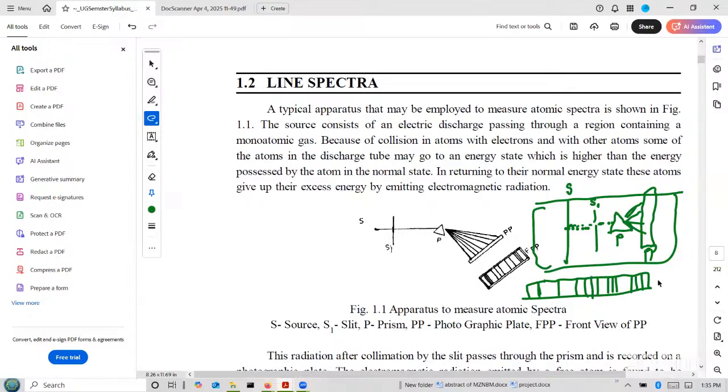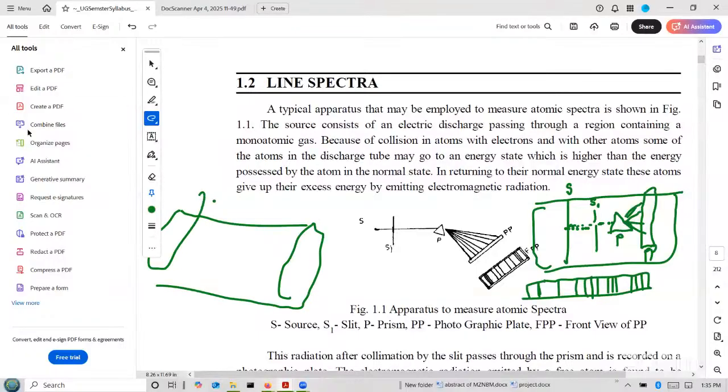You have to draw the diagram and explain its functioning. Again, I am repeating. I am taking a discharge tube.